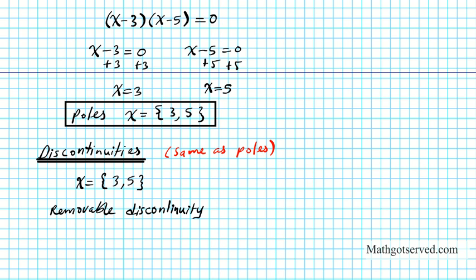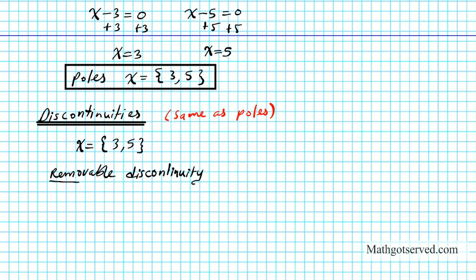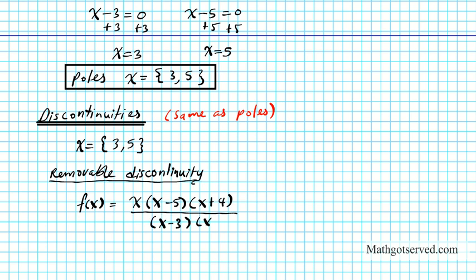To find the removable discontinuity, what we do is rewrite the entire problem, copy down the problem again. The original problem is f of x equals x times x minus 5 times x plus 4 divided by x minus 3 times x minus 5.